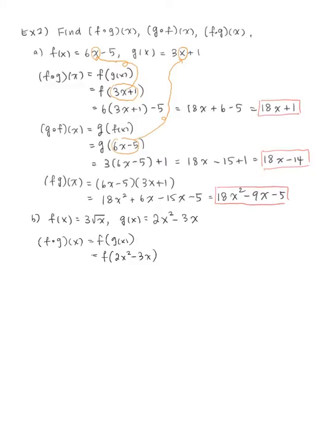Now we look at function f of x and replace its x with what's in the parentheses. I'm going to take this whole ugly-looking expression and plug it in here. So we get 3 times the square root of 2x squared minus 3x. Let's just keep that as our answer.